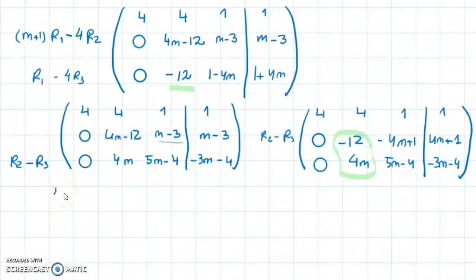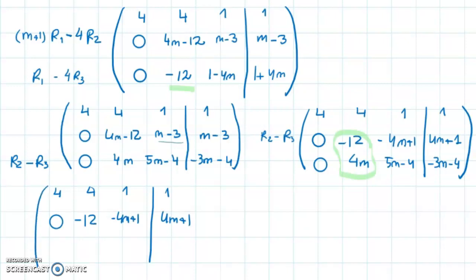So I'll keep the first row as it is, 4, 4, 1, 1. I'll keep the second one as it is, 0, negative 12, minus 4m plus 1, 4m plus 1. And then for the third row, I'm going to write the second row multiplied by m, plus 3 times the third row.